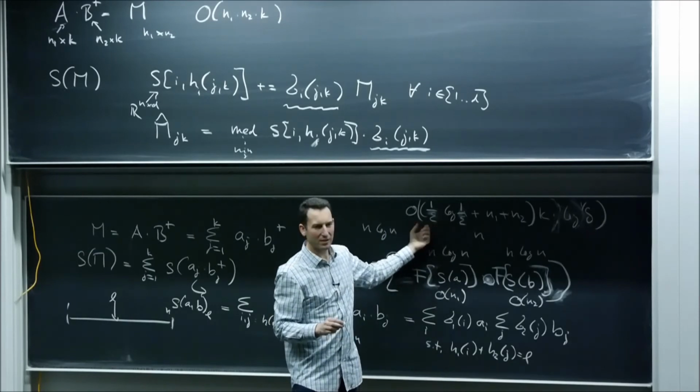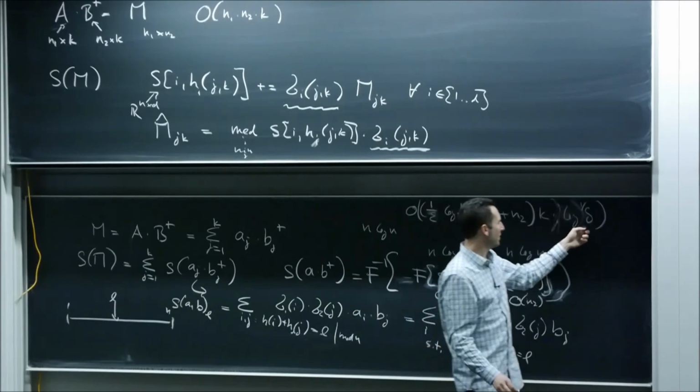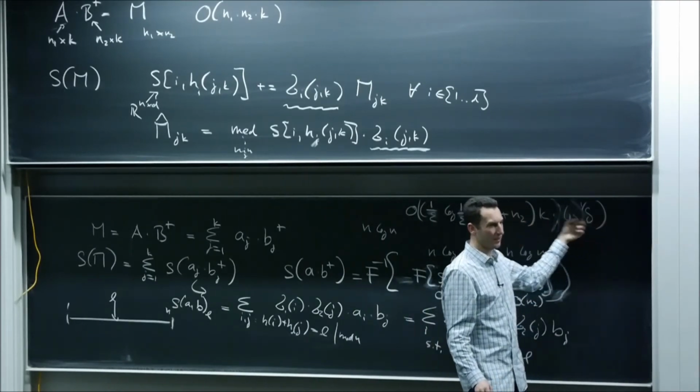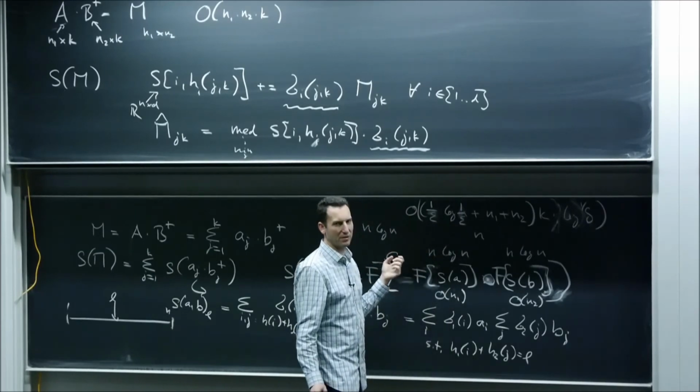That's going to be the cost in order to compute with probability at least 1 minus delta the entries with accuracy of epsilon.